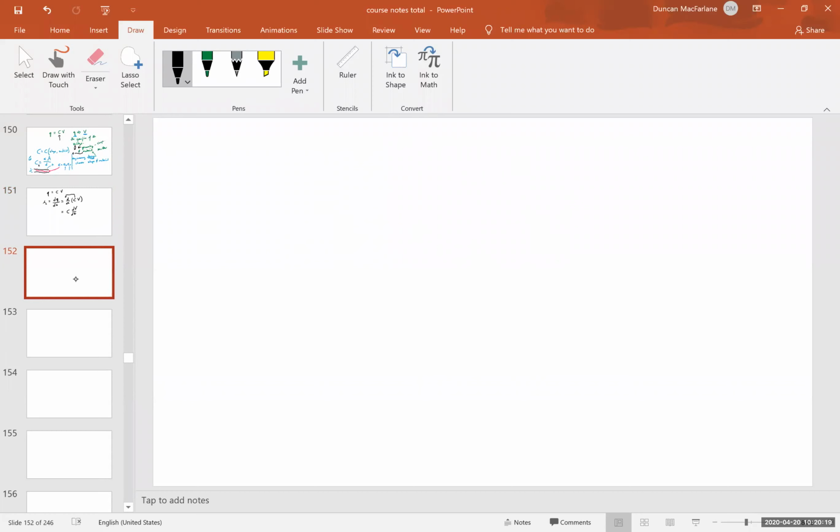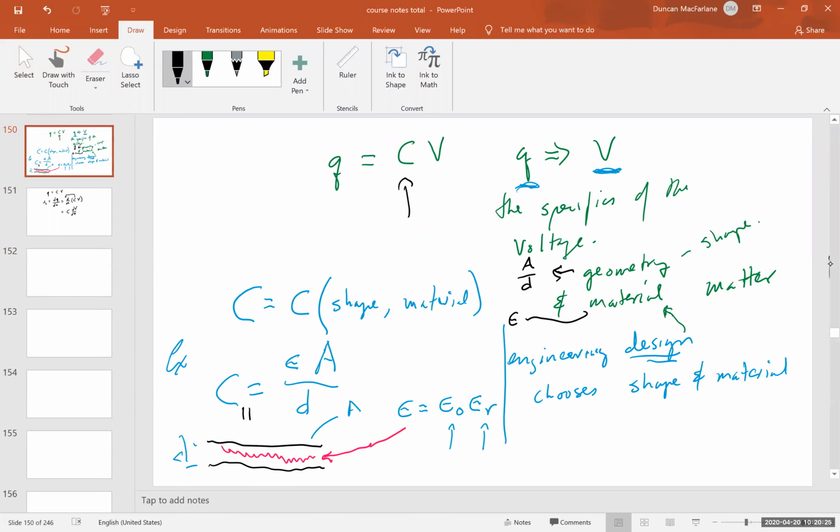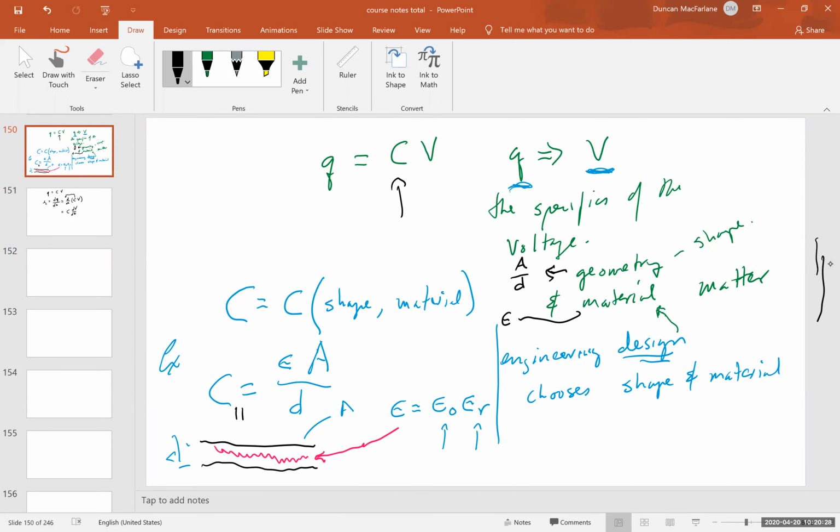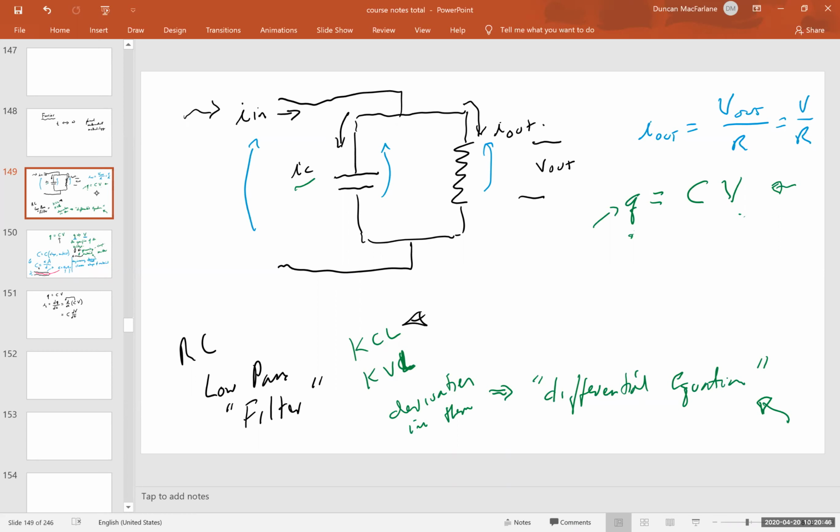And so now I can start to write Kirchhoff's current law with an I in and a contribution for the current that flows to the output, and a contribution for the current that flows through the capacitor.